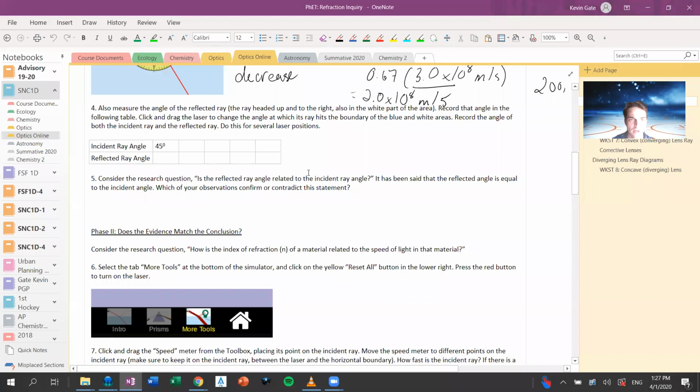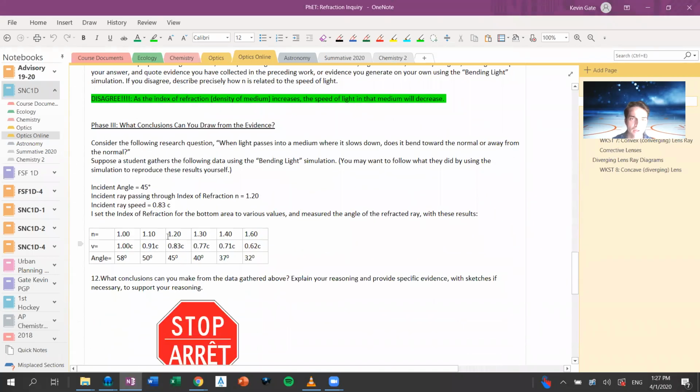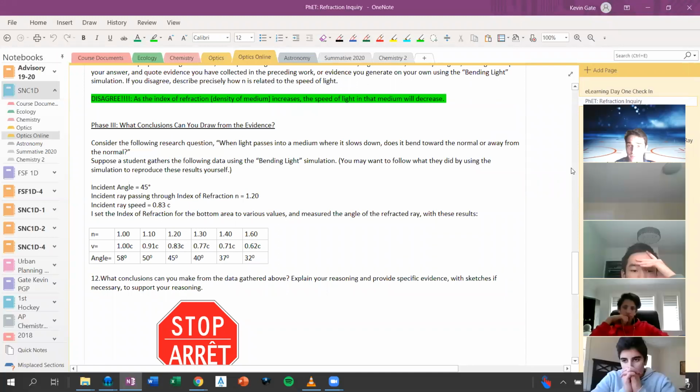And in phase 3, we were asked to draw some conclusions based off of the differing indices of refraction. So they asked, when light passes into a medium where it slows down, does it bend toward or away from the normal? So, first of all, if it's entering a medium that's slowing it down, is that a more or less dense medium? More, right?